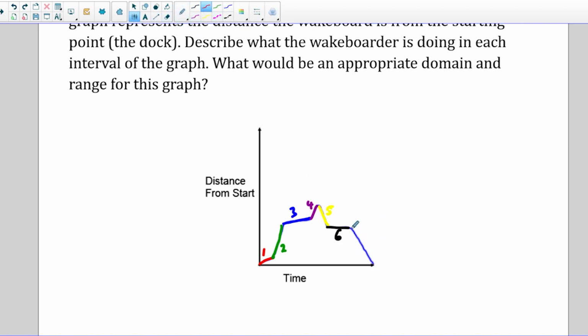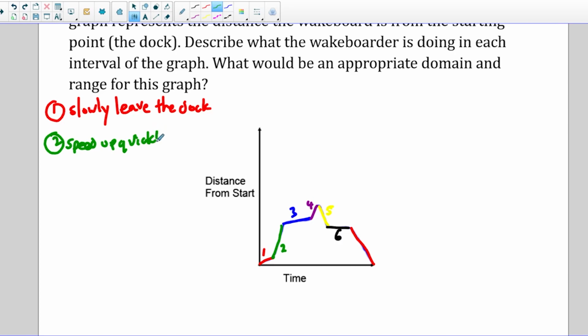Now, there's no one real answer I'm looking for here. It's really, what do you see? Are you able to describe it in a way that makes sense? So in interval number 1, maybe we'll say that you slowly leave the dock. Number 2, maybe you accelerate, you speed up quickly away from the dock.